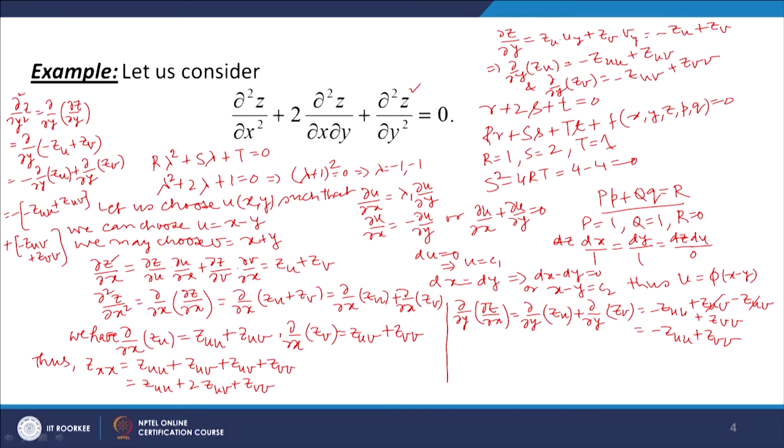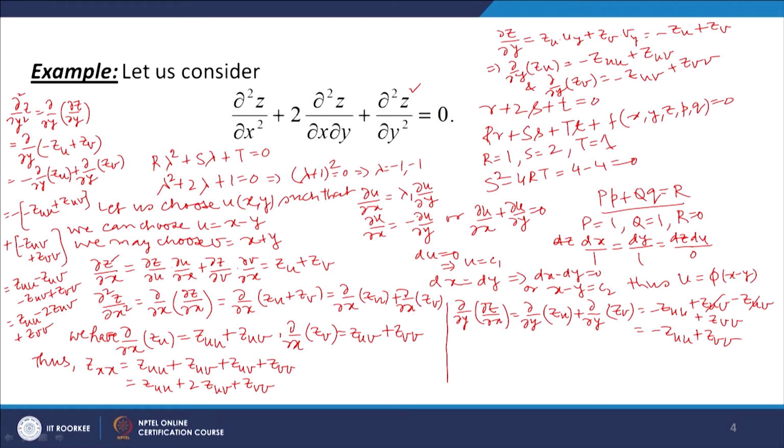And when you multiply this minus 1 inside, what you get is z_uu minus z_uv minus z_uv plus z_vv. So this gives you z_uu minus 2 z_uv plus z_vv. Now let us put the values in the given PDE.